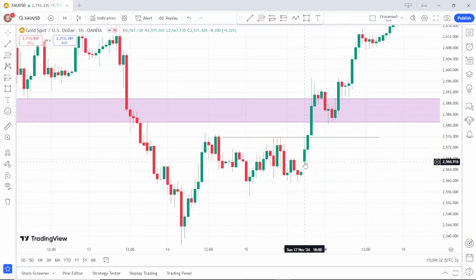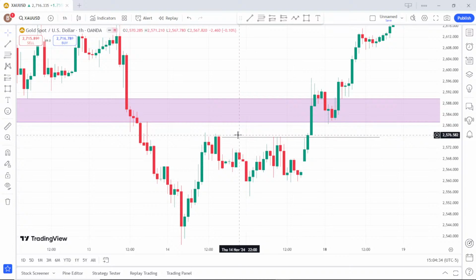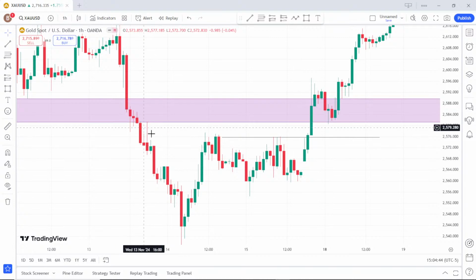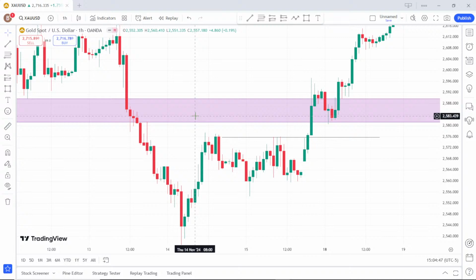They gapped higher on Monday and then took out my previous day high. After taking out my previous day high, they ran for the next point, the fair value gap, the imbalance. They ran for it. And then we are fine-tuning that.